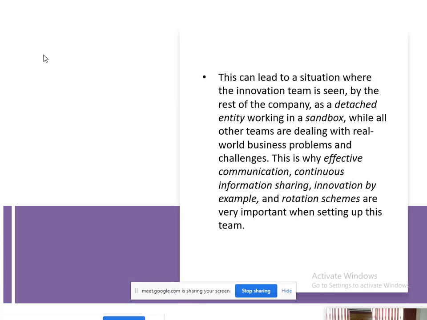Next, there must be a rotation scheme. Innovation is not a small thing. Innovation needs a lot of things. There is a huge framework for innovation. First, you have a learning environment, then a development environment, and then you should have an innovation team.